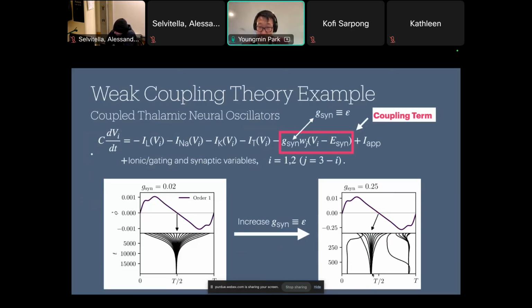Not only do the phase differences go to half a period, but they also go to different phase differences that are not quite synchronous. We can go in and look at the solutions and see that these are not spurious. They're actually phase differences that are not synchrony.